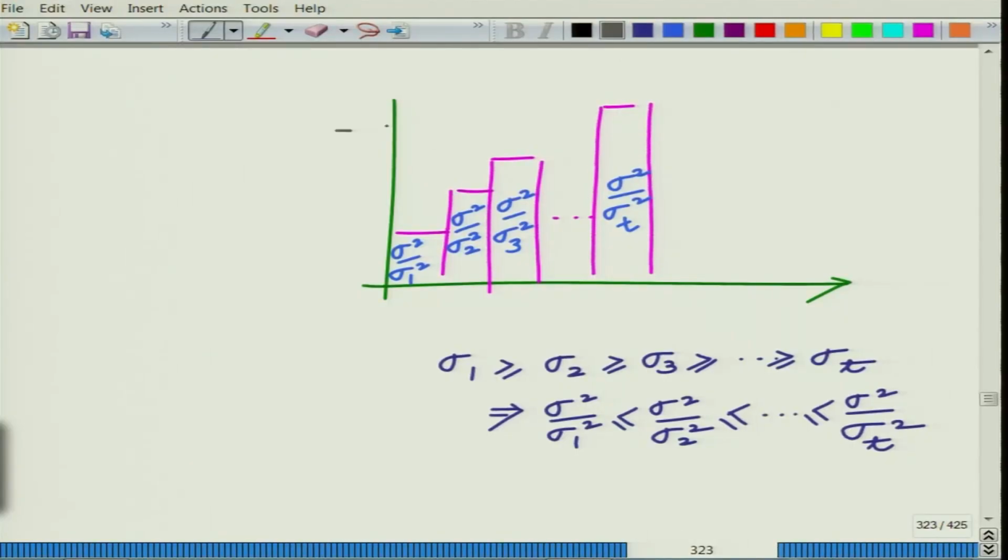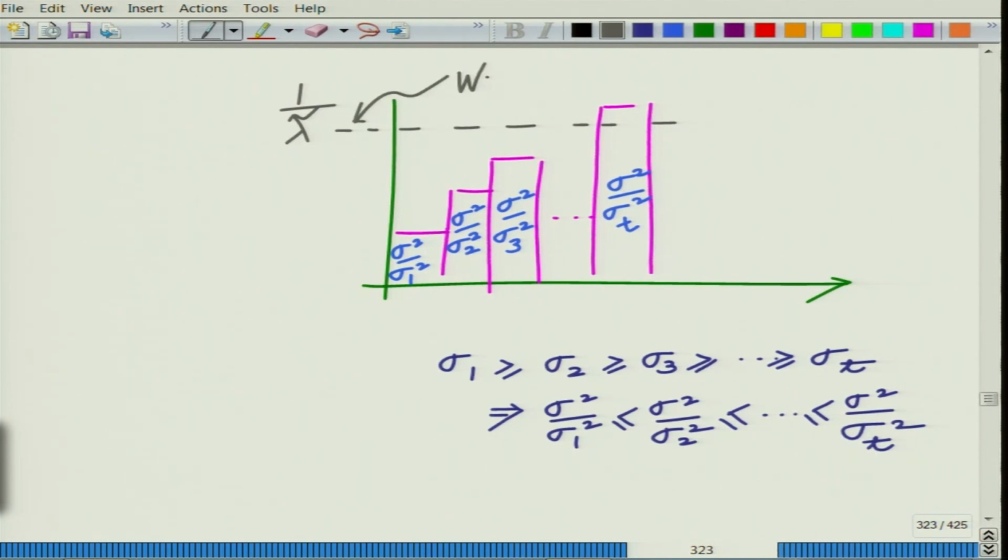Now, if you think of filling this bowl with water, and call 1 over lambda tilde the water level, it is convenient to think of 1 over lambda tilde as the water level.